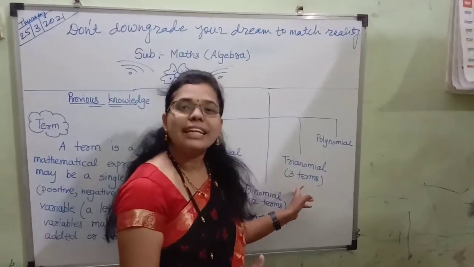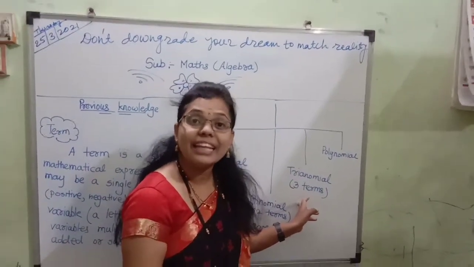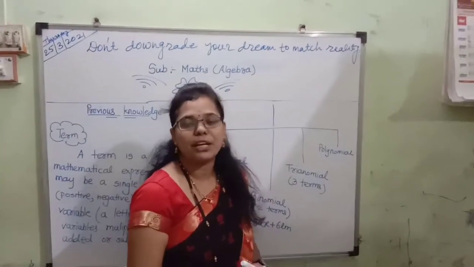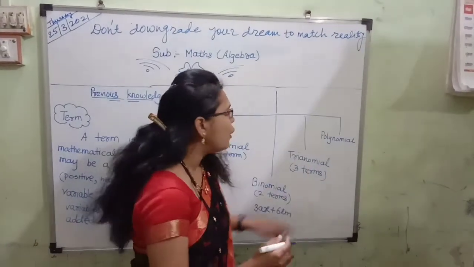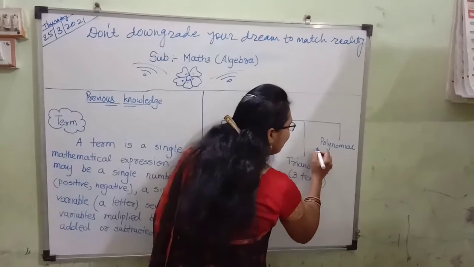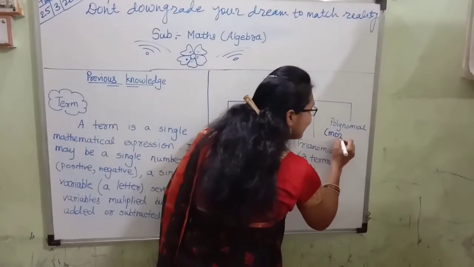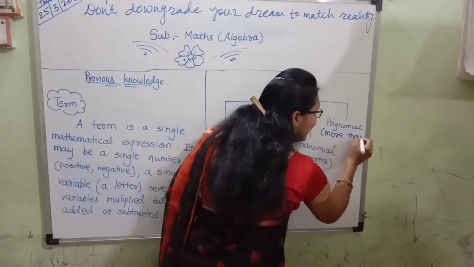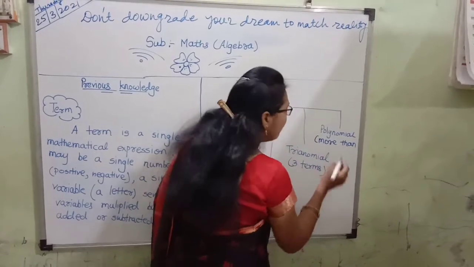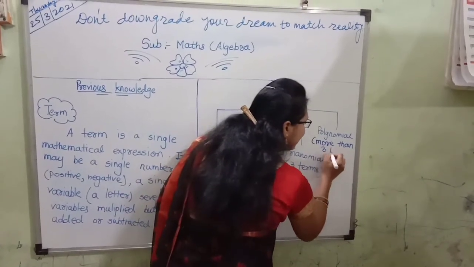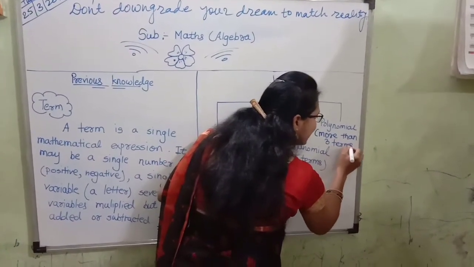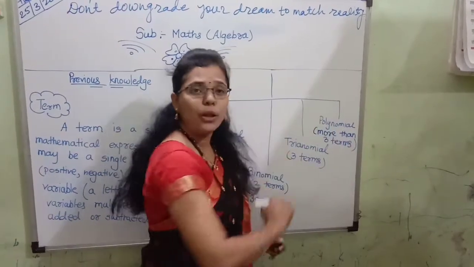Trinomial means what? Trinomial means where there are three terms. That expression is known as a trinomial, and polynomial means more than three terms. Whenever in one expression itself there are more than three terms, then that expression is known as a polynomial.